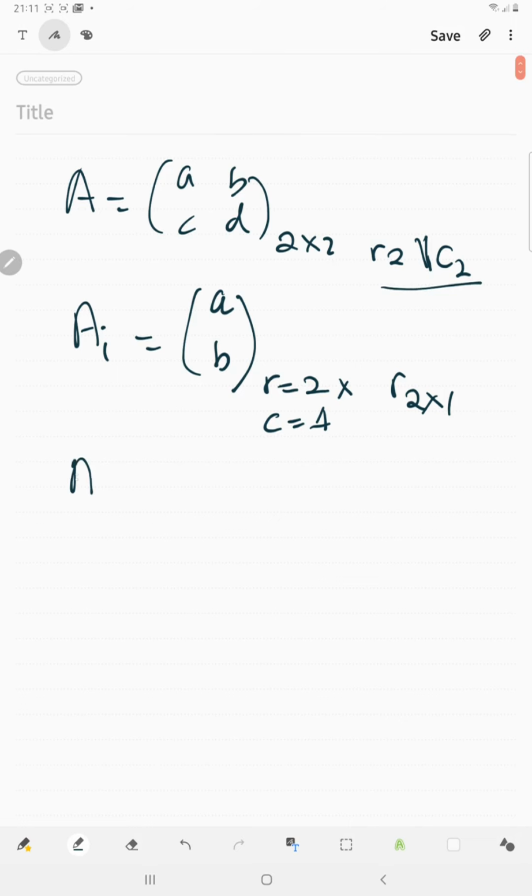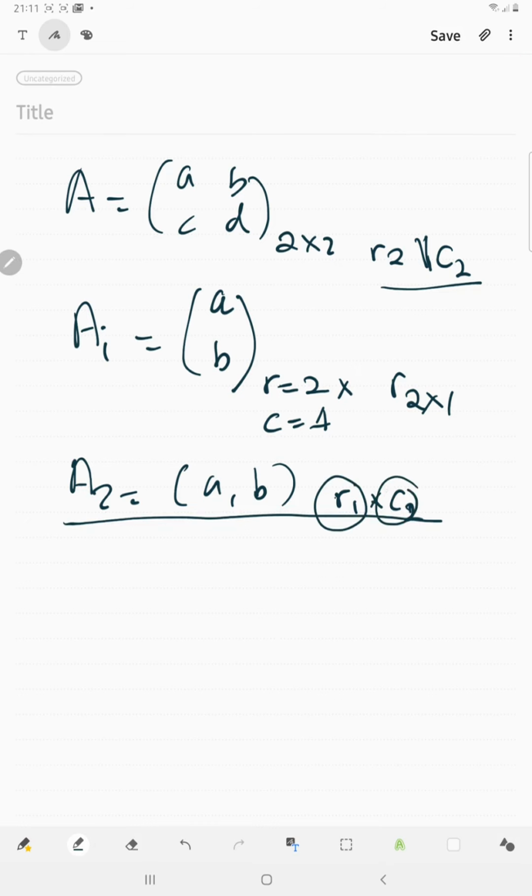I can have another one, A2, as A, B, like this one. So this one is row 1 and column 2, so it is called a 1 by 2 matrix. This is the way we can represent matrices.